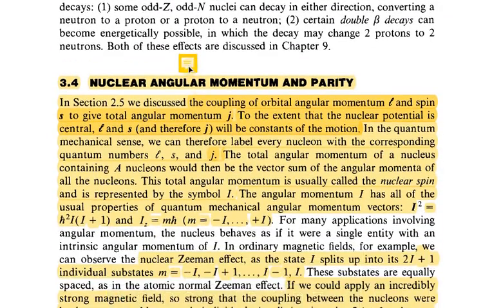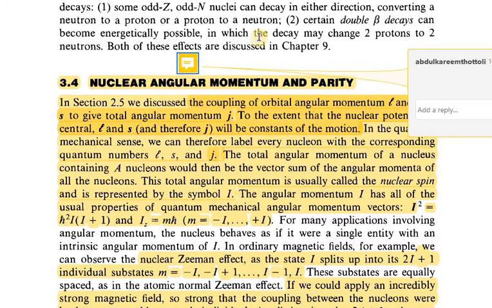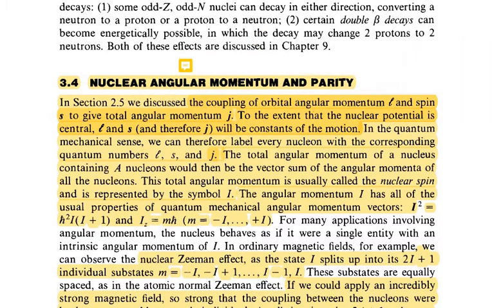Then we will go to the nuclear angular momentum. We know that the coupling of orbital angular momentum L and spin S gives us the total angular momentum J. We have seen this in the quantum mechanics paper. To the extent that the nuclear potential is central, L, S and therefore J will be constants of motion.